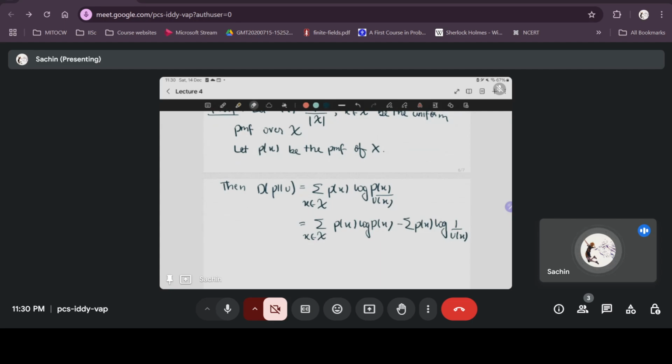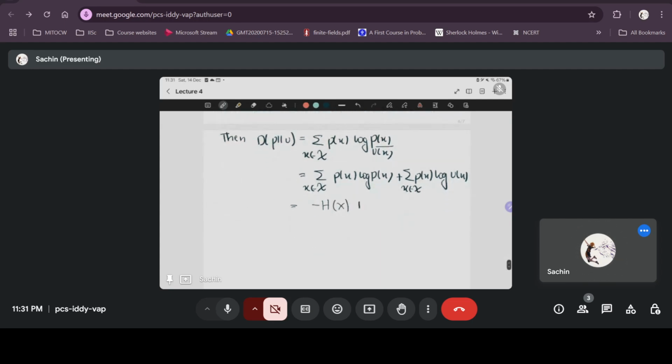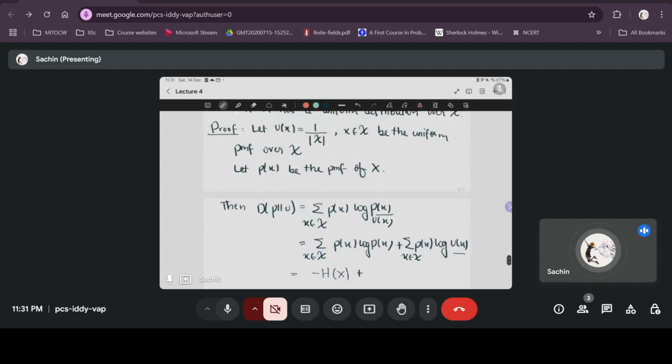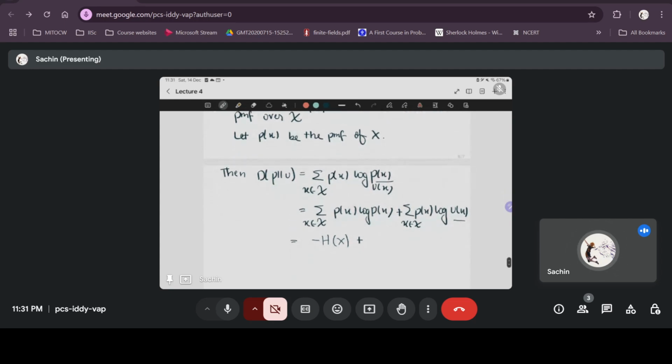Or you could take the minus sign inside and write this as plus p of x log u of x. This is nothing but minus h of x, since u of x is a constant quantity which is equal to 1 over cardinality of x.